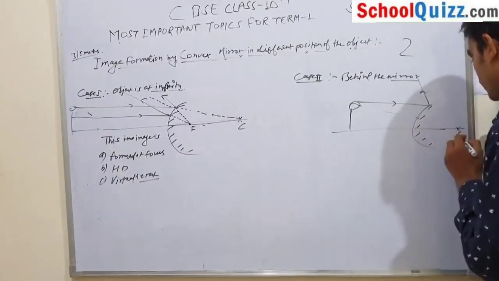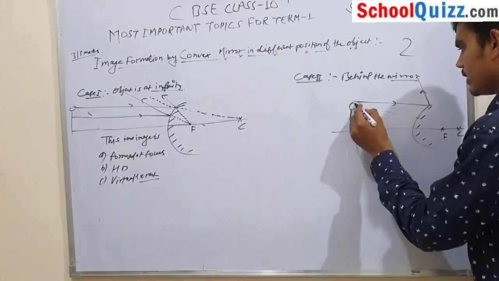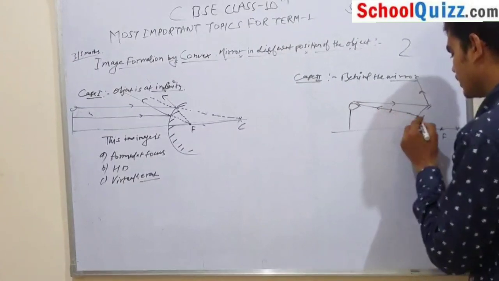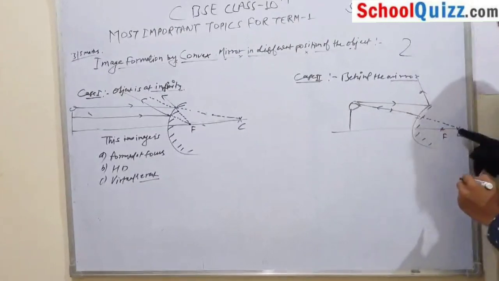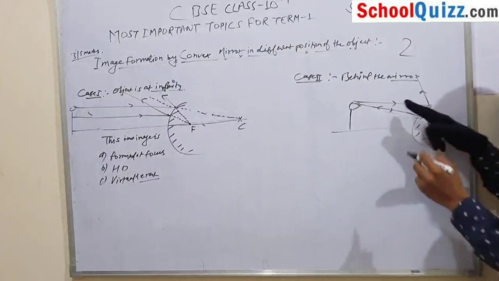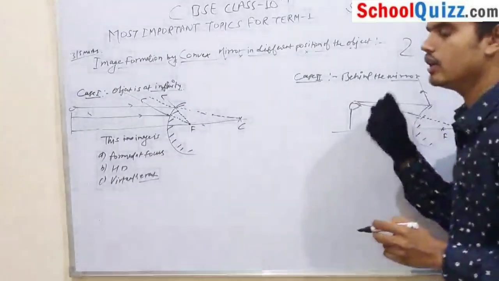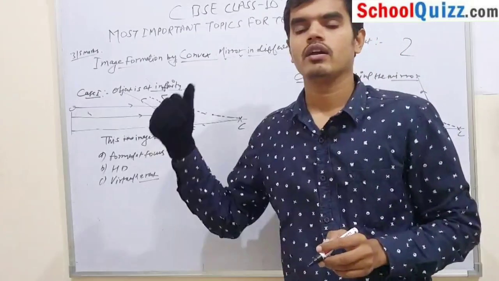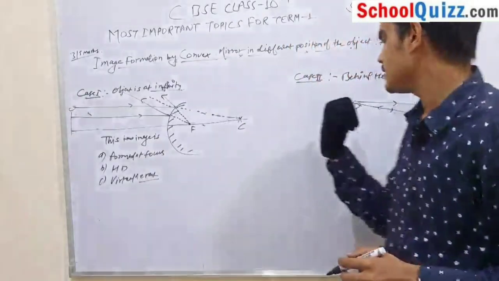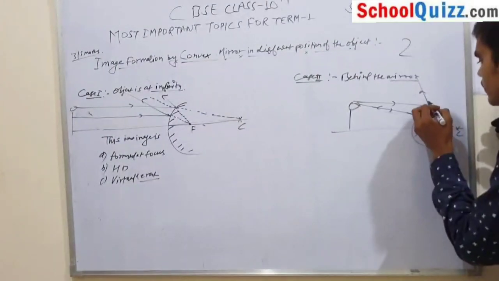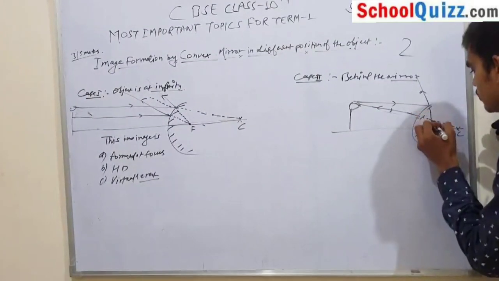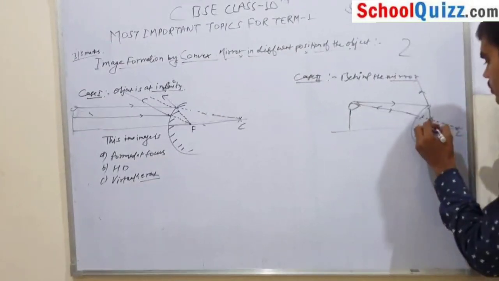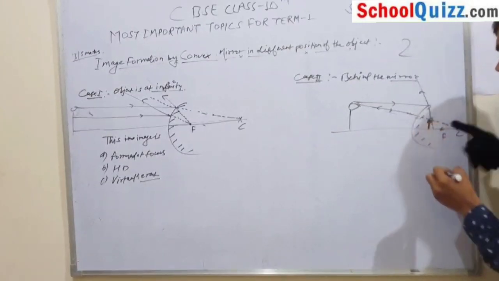Suppose this is the center of curvature and this is the focus. The second ray comes like that and retraces its path. Again these two rays are diverging, so they will never meet, and an image will not be formed in the real world. But if we trace back, they appear to meet. This is the point of intersection, so here the image will be formed.